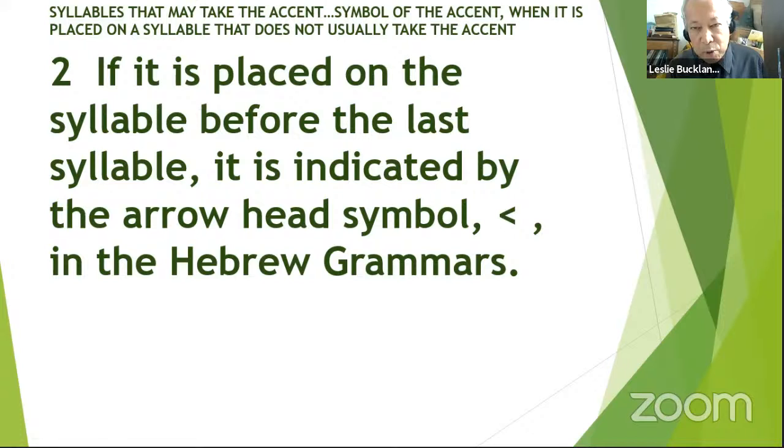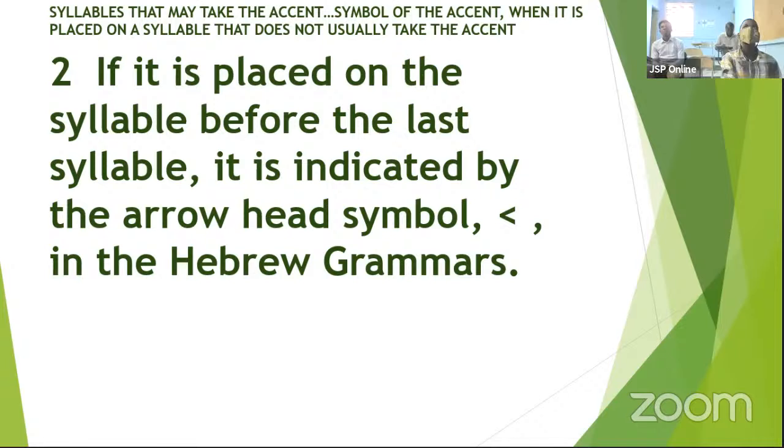It is normally put on the last syllable, but since in this particular word, it is going to be on the syllable before the last syllable, then it needs the symbol of the accent to let you know I'm now going to put the stress on a different syllable from the last syllable. That is the syllable before the last syllable. Let us look at some examples of this.